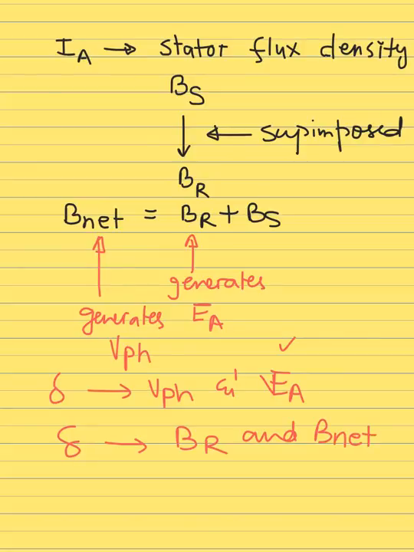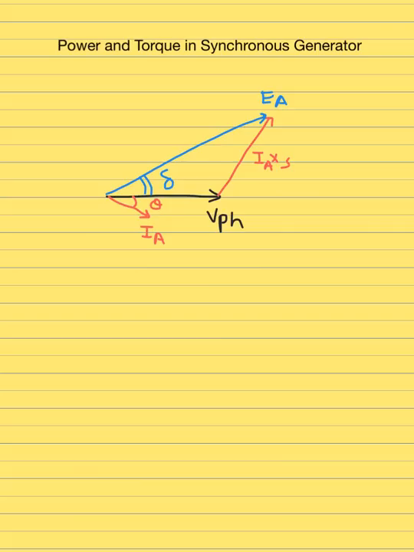Now let's look at the torque or the power in case of a synchronous generator. We looked at the generated voltage so far. Let's look at how the power and torque in a synchronous generator work. We're taking the case of a lagging power factor load, and in this case we're assuming that R_A is approximately equal to 0.